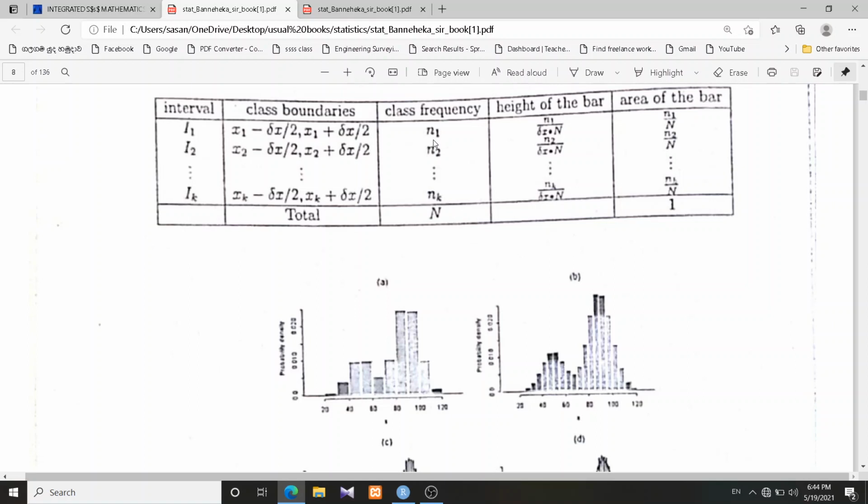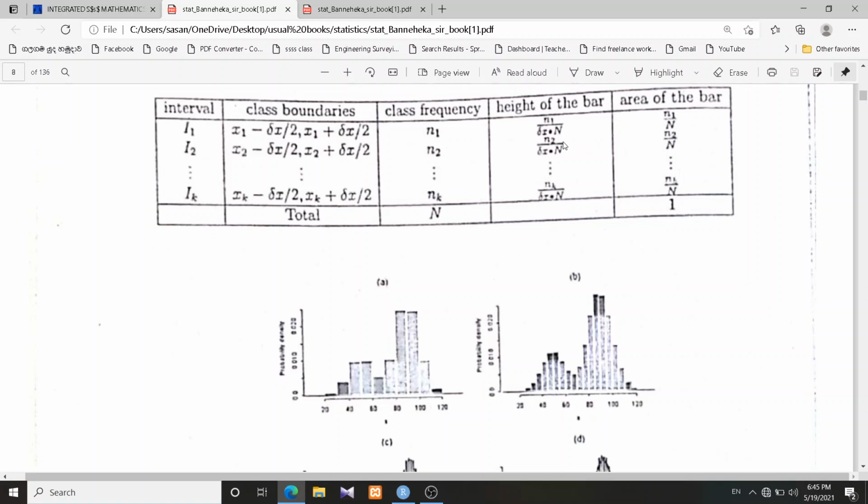Each of these bars is a rectangle, so you can find the height of each bar. For example, for the first class, little n1 upon upper n is the probability. It is divided by delta x, which is the width of that bar, the class width, right? Then it gives you the height of this bar.